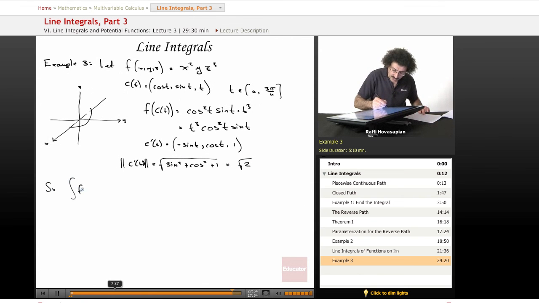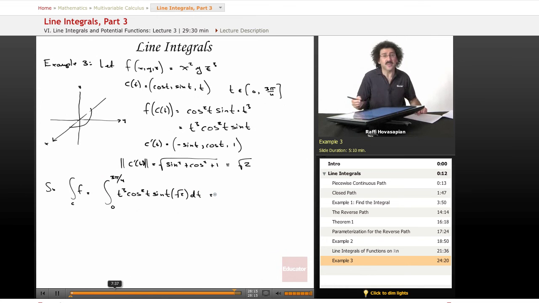So the integral of f along this particular contour is equal to the integral from 0 to 3 pi over 4 of t cubed cosine squared t sine t times radical 2 dt.